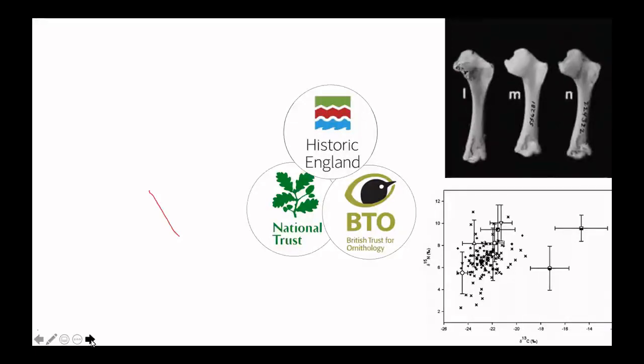It's a classic example, looking at extracted collagen from preserved bone material, and we can get dietary information from that that will give us an idea of how these pigeons have been feeding and what sort of materials they've been eating. How has that changed over time? Things like that. That's what we're going to be looking at.